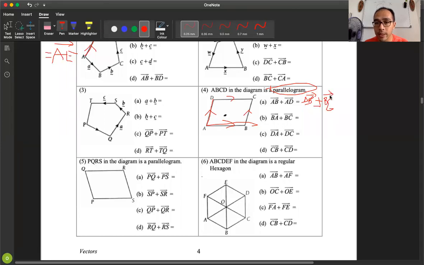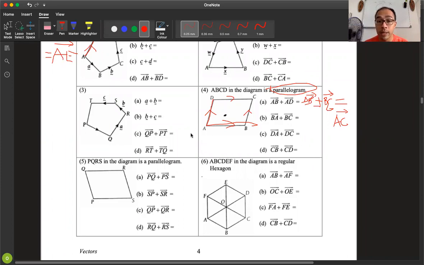So AB plus BC will give you vector AC. And that's the use of a parallelogram. You can actually use another vector to represent it since it is equal.